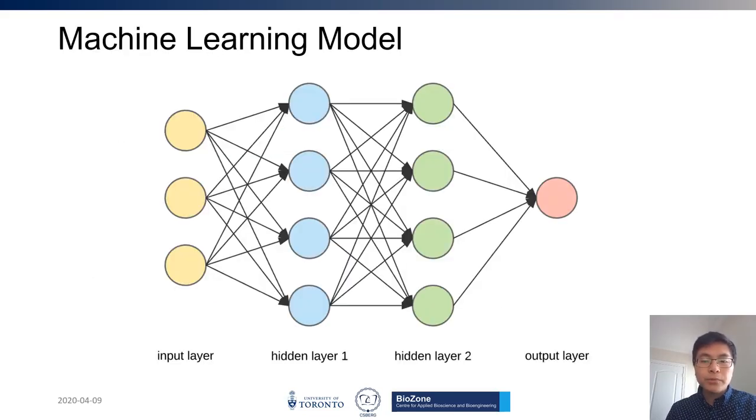Finally, we get to what machine learning is. Essentially, it's an input-output machine with a bunch of computation in between. And the computations are matrix multiplications, which can be thought of as linear operations, followed by these activation functions, which can be thought of as nonlinear functions.